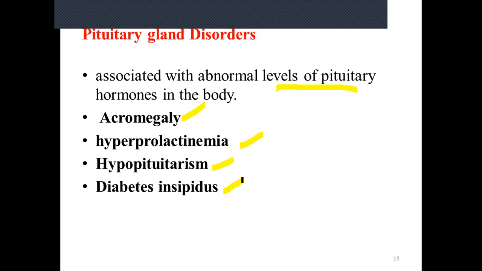Those are the most common conditions we might encounter in practice, although generally they are not very common endocrine disorders. Okay, what does acromegaly stand for?